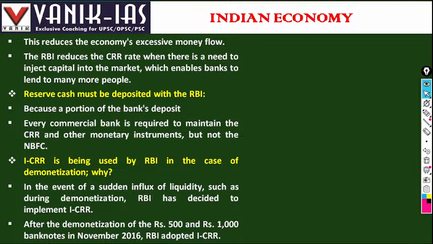In the event of certain influx of liquidity, such as during demonetization, RBI decided to implement the ICRR, because during demonetization, huge cash returned to the banking system because people deposited the notes which were demonetized, like the 2000 rupee notes which the government wants to withdraw.